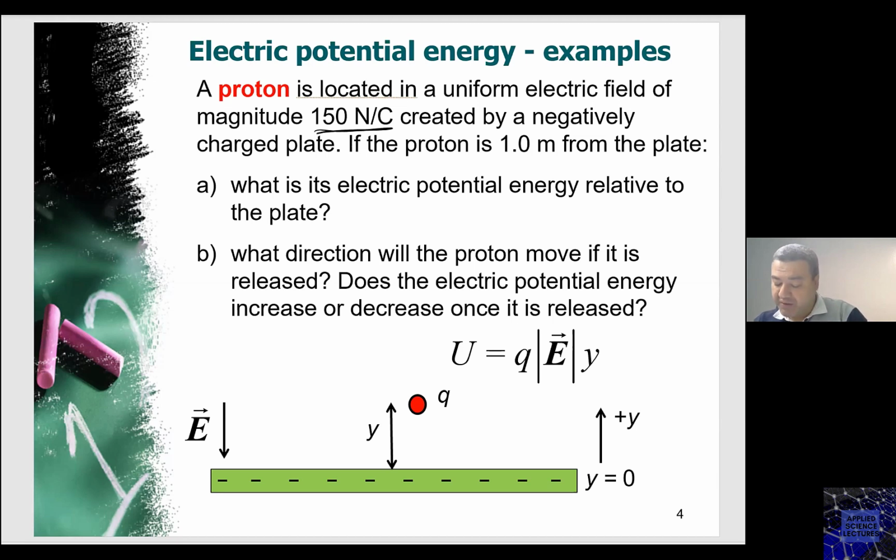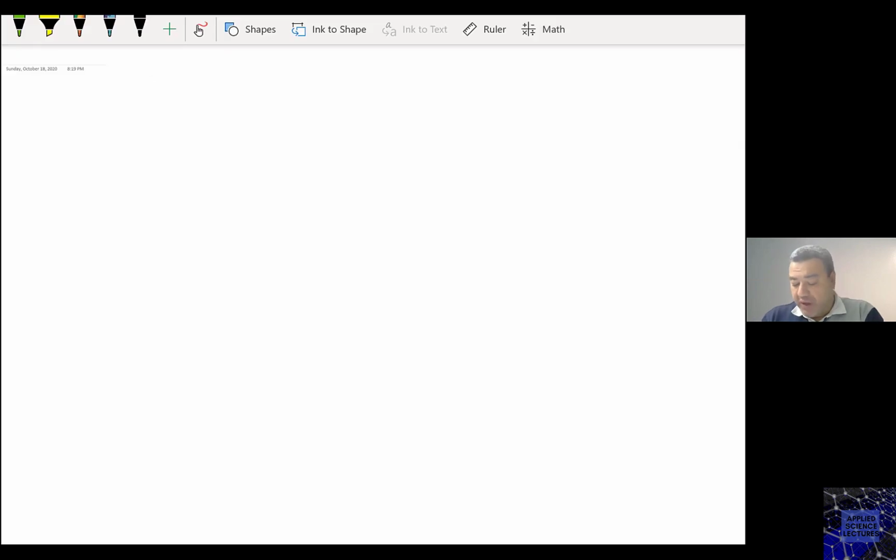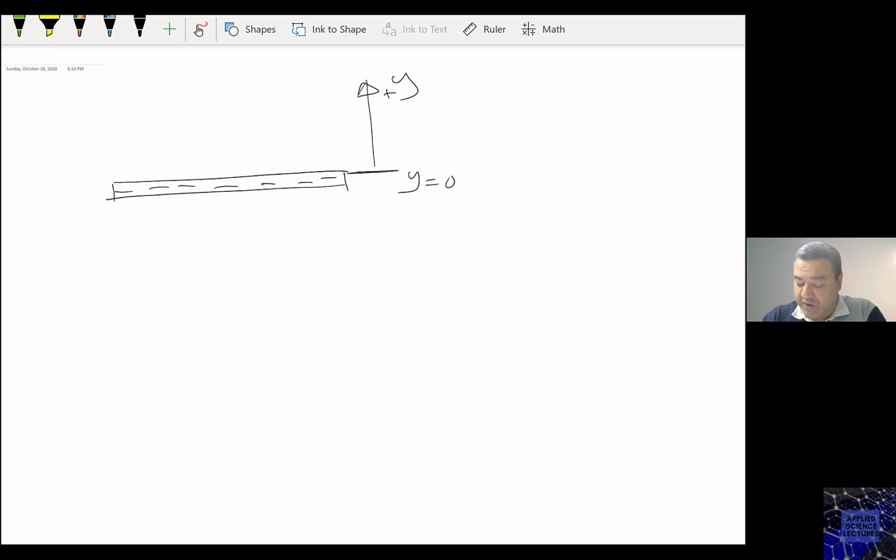first part A. So we have a negatively charged plate. We know how to put the reference for a negatively charged plate. So my 0 would be here, and then my positive is toward the direction of the charge. And I have here a proton, Q positive.